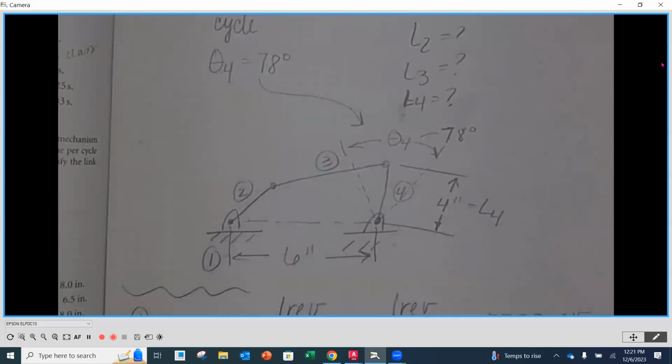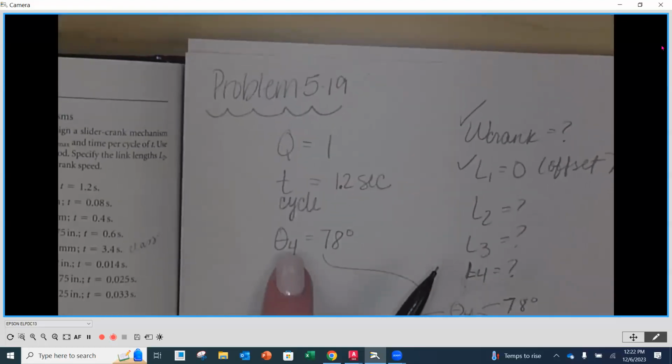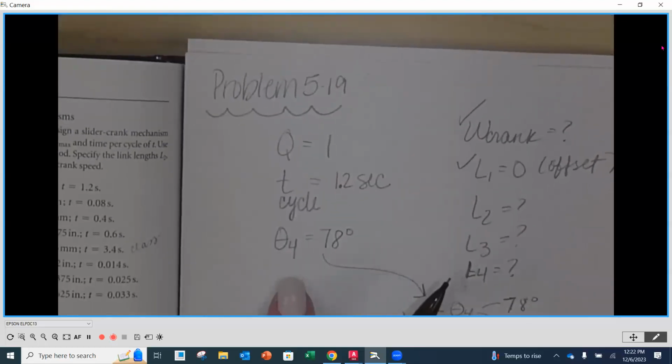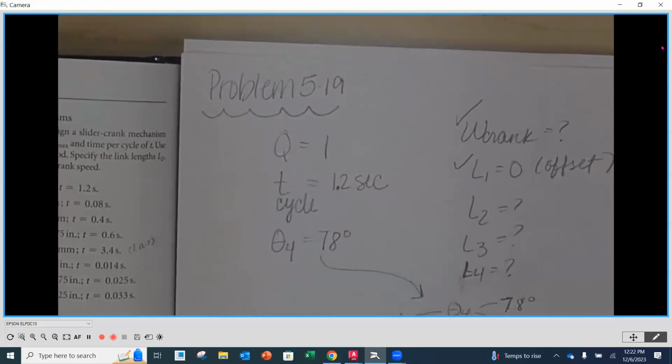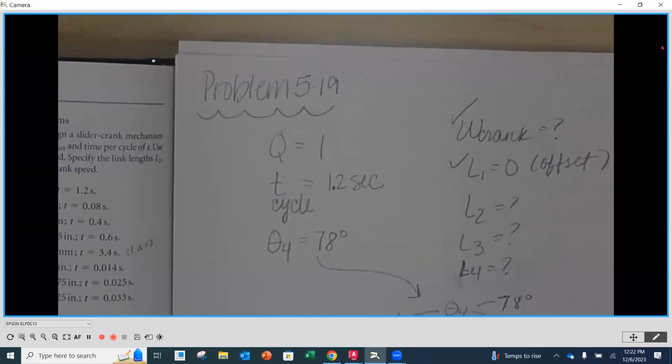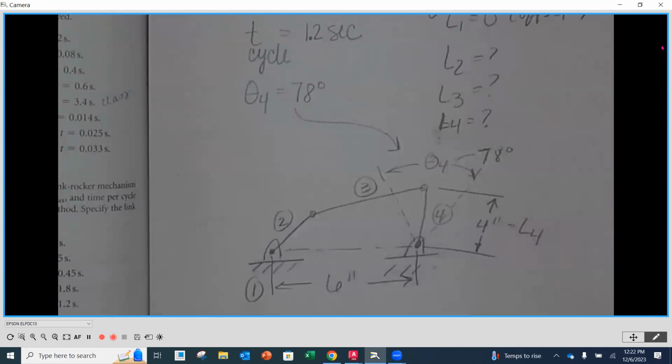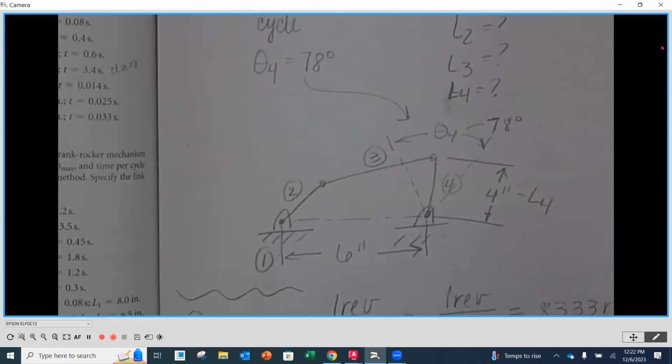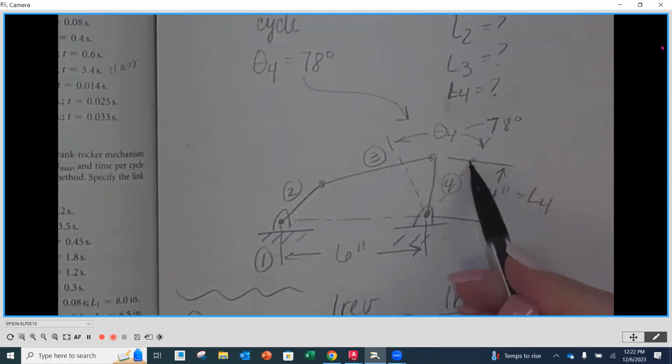After that, these numbers are things that you get to decide, as long as you're meeting the requirements of one cycle, the throw angle, and your Q. After that, you get to figure the rest of this out. But once you decide on something, for instance deciding on L4, now I'm sticking with that. Now L4 is going to dictate where C2 and C1 are going to be.